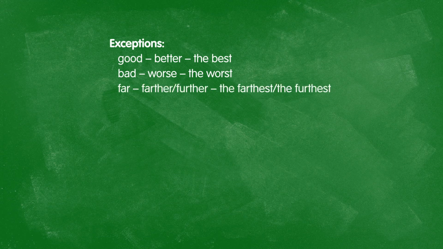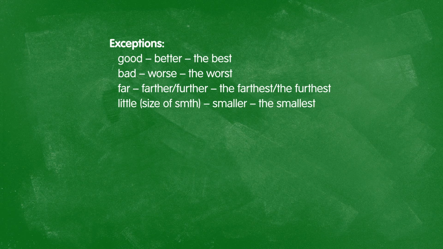Far will become further or farther and the furthest or the farthest. Little, if we're talking about size, becomes smaller and the smallest. However, if you're talking about the amount of something, small or little will become less and the least.